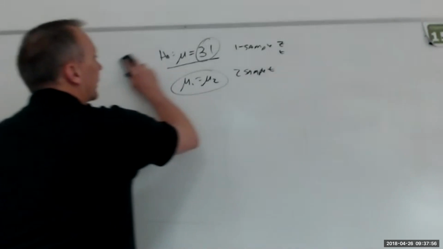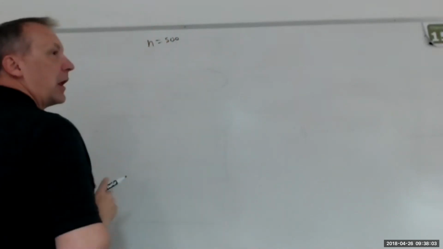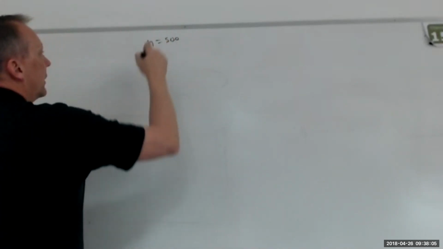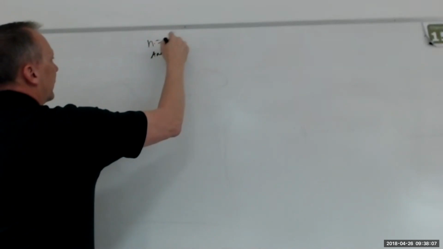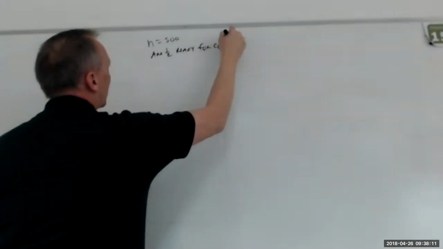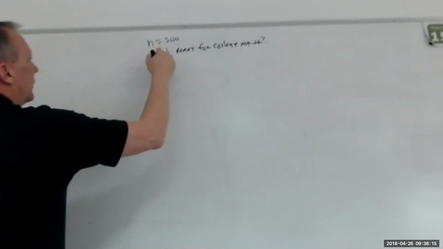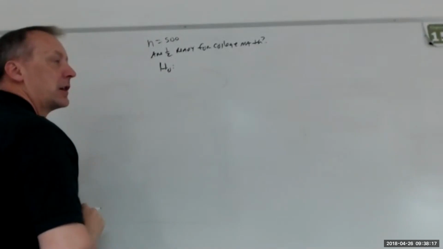So it was the school that had 500 students, and they wanted to know if half of them weren't ready for college math. So N equals 500 students. Your null hypothesis was P equals 0.5.